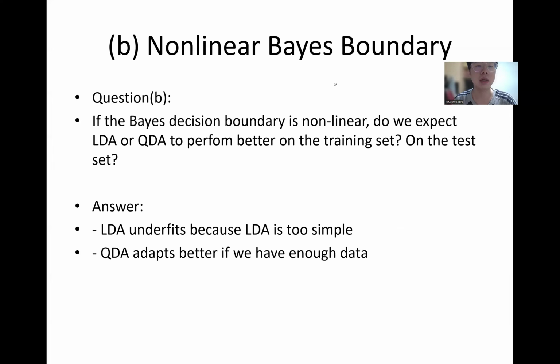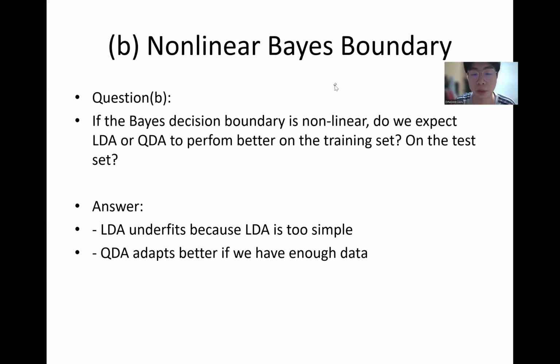For question B, if the Bayes decision boundary is nonlinear, do we expect LDA or QDA to perform better on the training set, on the test set? Now LDA is too simple. It cannot capture the curved shape, so it will underfit.